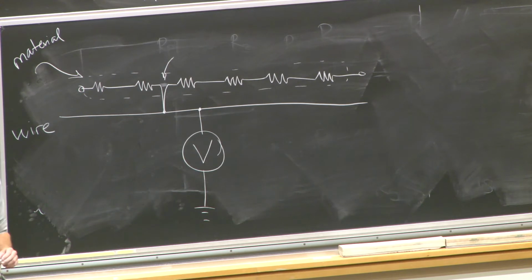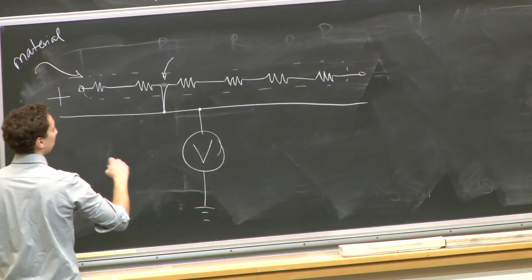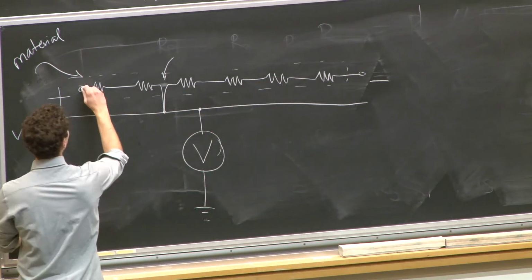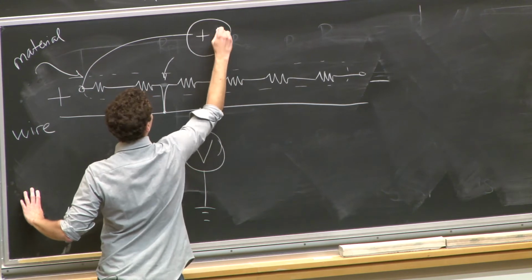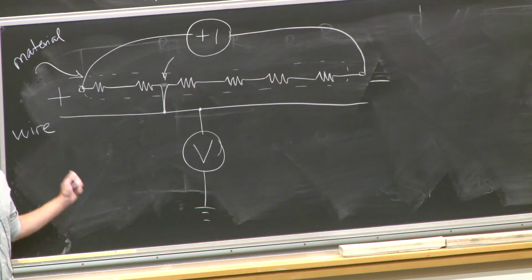Can we add to this circuit? Batteries, yeah. Where are we going to put our voltage source? The answer is on the material. Very good. So what happens if I create a potential difference? So I won't explicitly write the voltage source for now. Actually, I will. I'm going to put a voltage across my entire material.